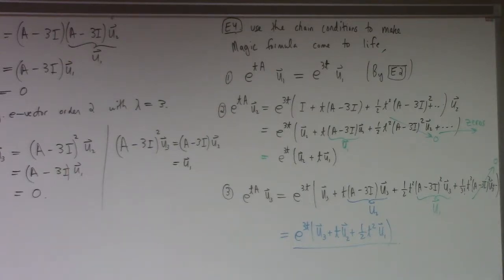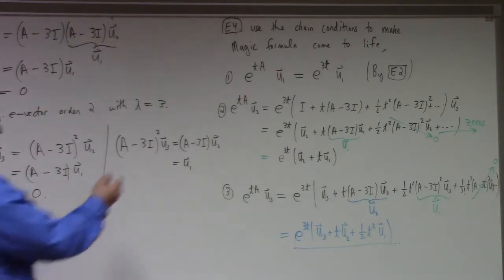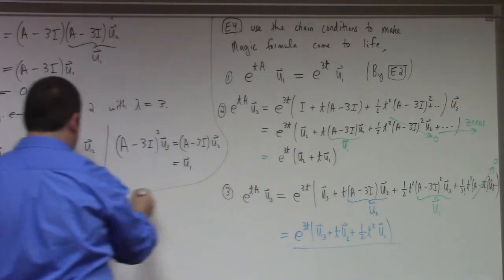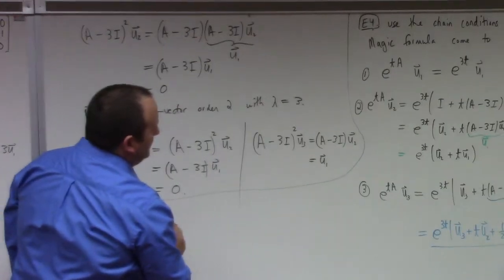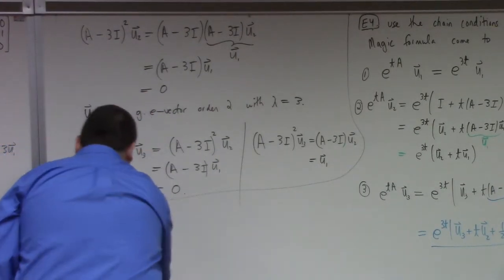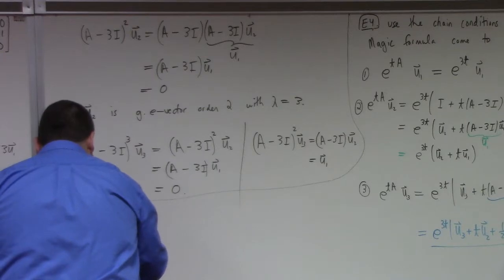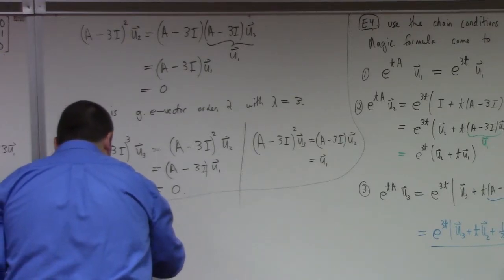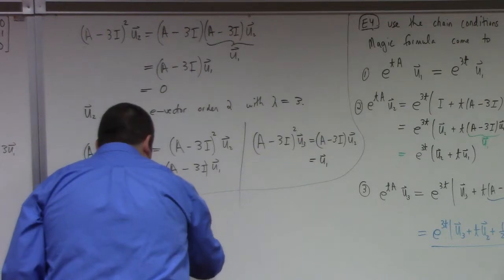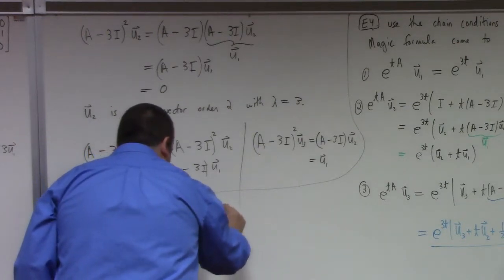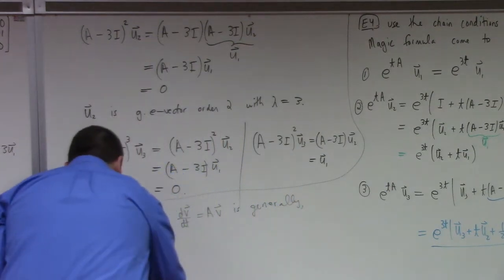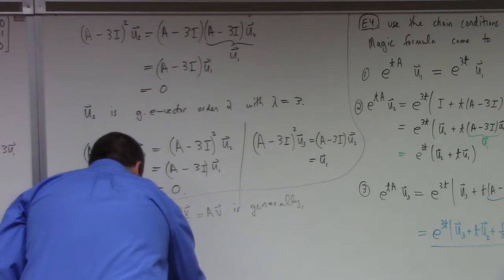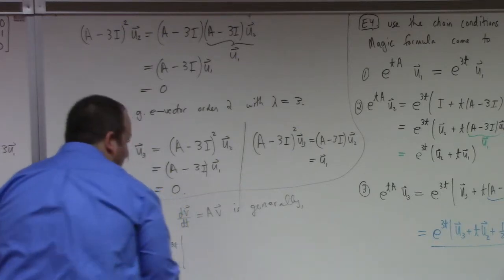So I can write the general solution now, right? So x is equal to, I guess I was using v? I haven't really said. Let me write it down. The solution of dv/dt = Av is generally v = c1 e^(3t) times u1.